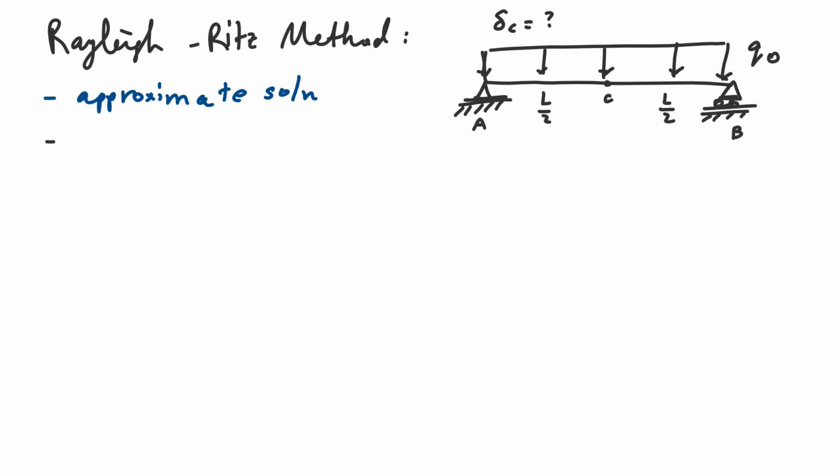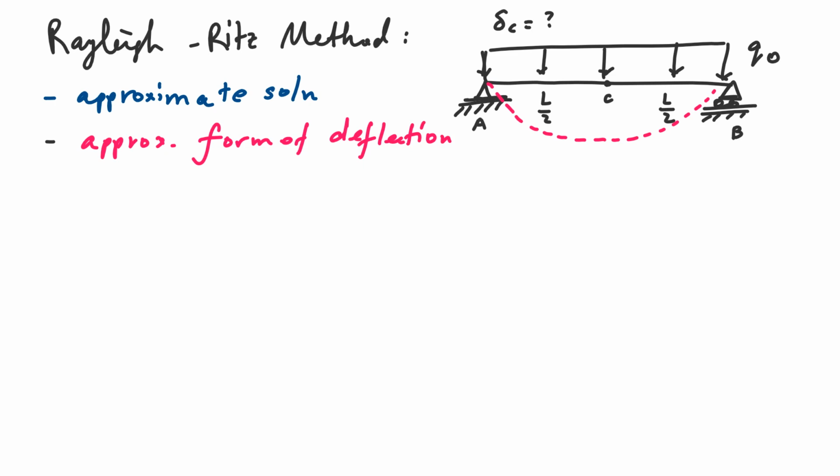We create a function for the deflection. When this thing has a load on it, it's going to deflect something like this, kind of parabolic. And what we do in this Rayleigh-Ritz method is we approximate the form of deflection. And what does that mean?